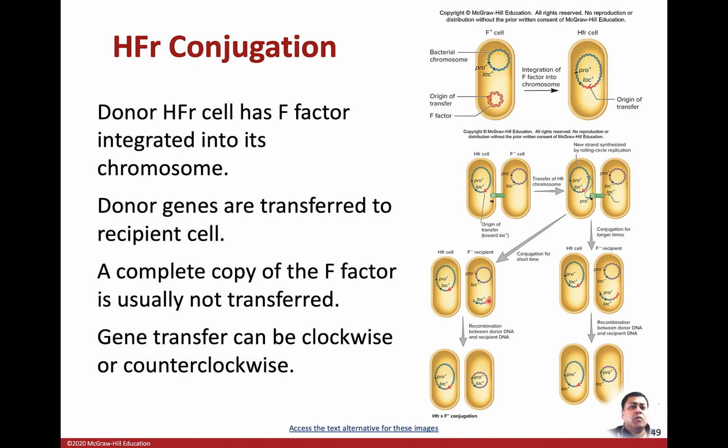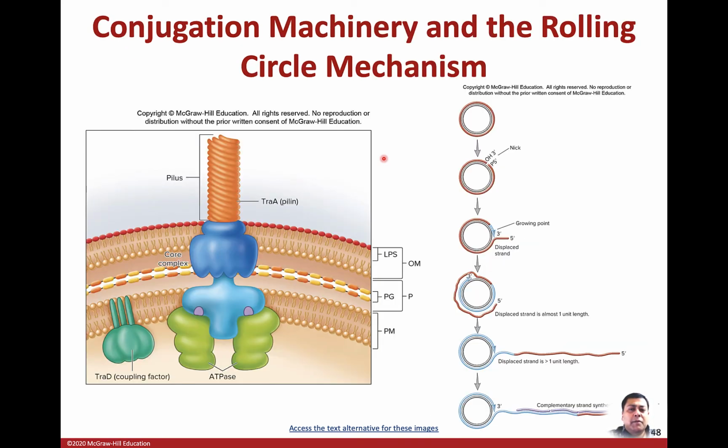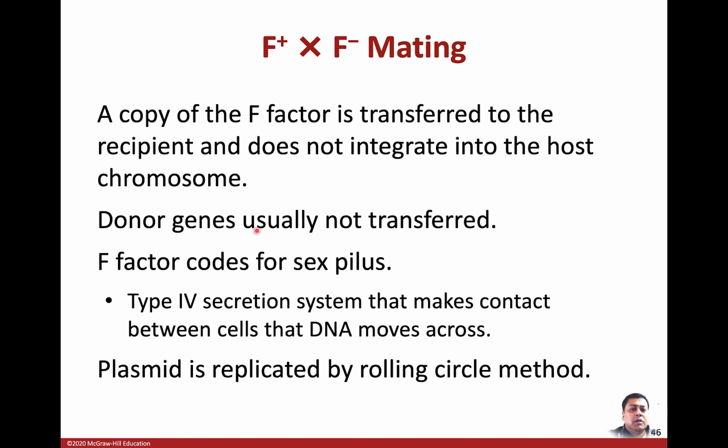So here we are looking at another factor which we call HFR conjugation, which is a high frequency conjugation. If you remember, we talked about the donor genes usually not being transferred, meaning that if the donor contains the chromosome, the chromosomal genes are not transferred in F plus F minus mating.